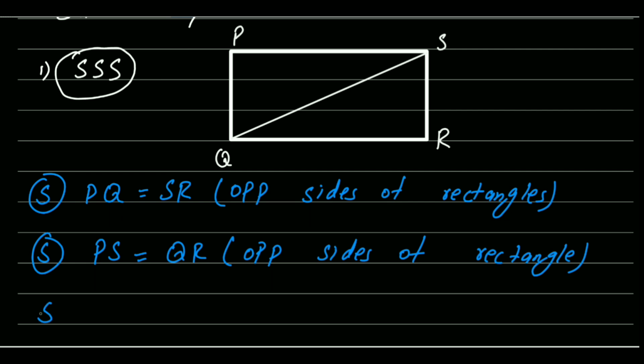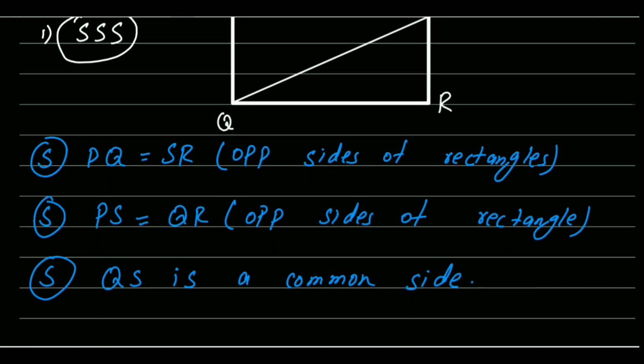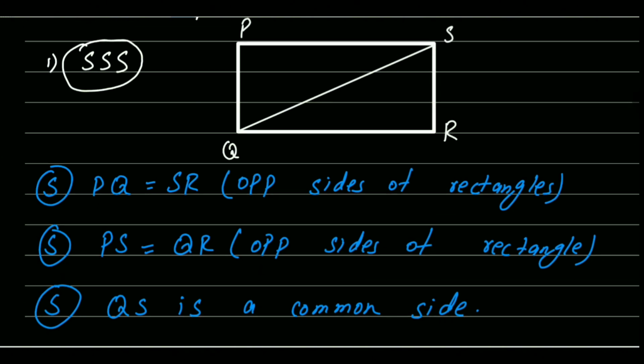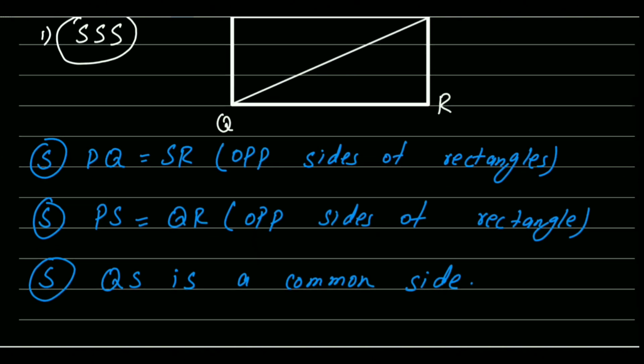Third side: QS is a common side. This is the common side of both triangles, so this will be equal for both triangles.